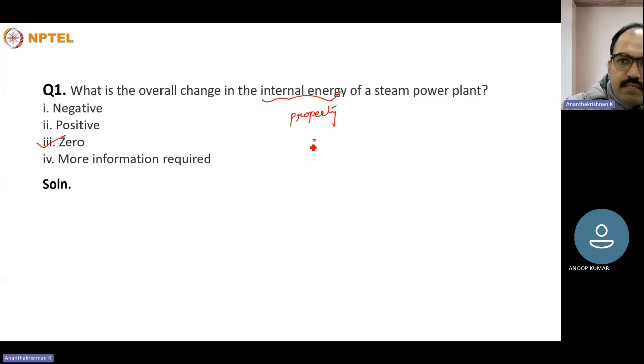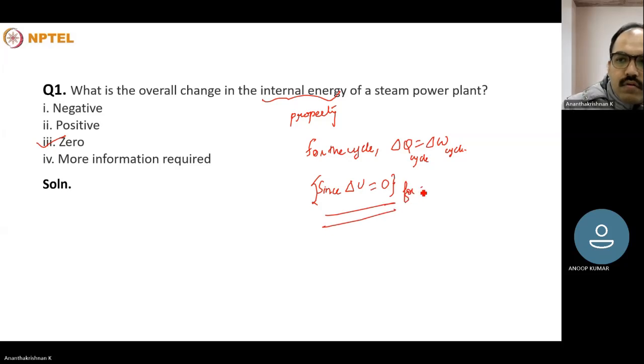So for the cycle, we could say that delta Q is equal to delta W. Since internal energy U is a property, delta U will be equal to zero. So zero is the answer.